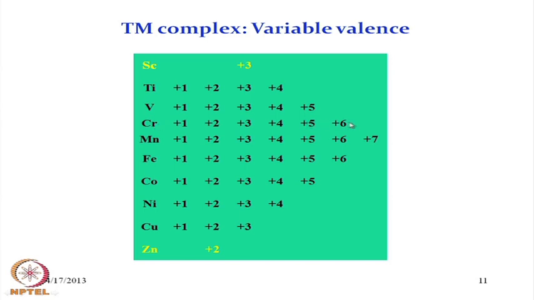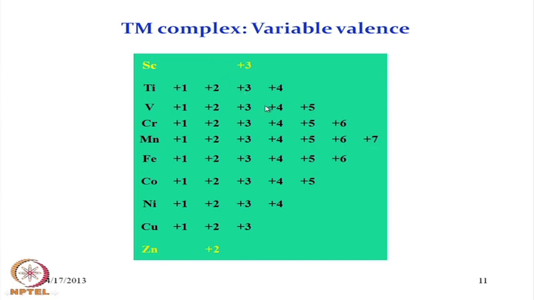Similarly, chromium can go up to +6 oxidation state, and in all these highest possible oxidation states, that means titanium in +4, vanadium in +5, chromium in +6 and manganese in +7, we do not have any unpaired electron in the d levels. That means the d levels are empty, and we can consider them as a d0 system.